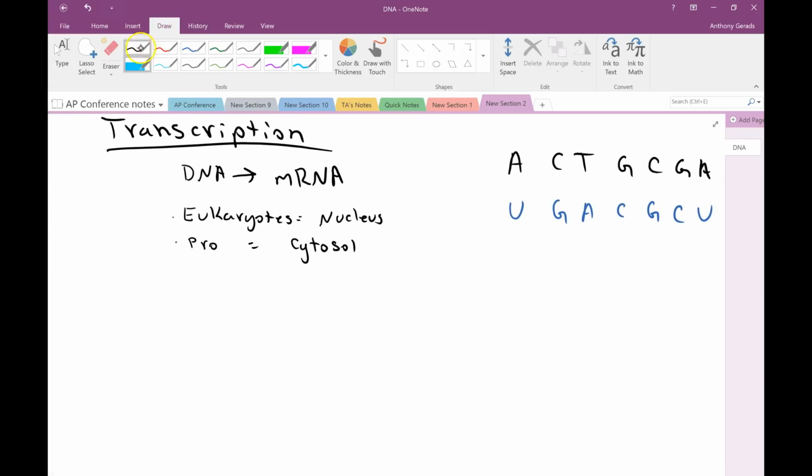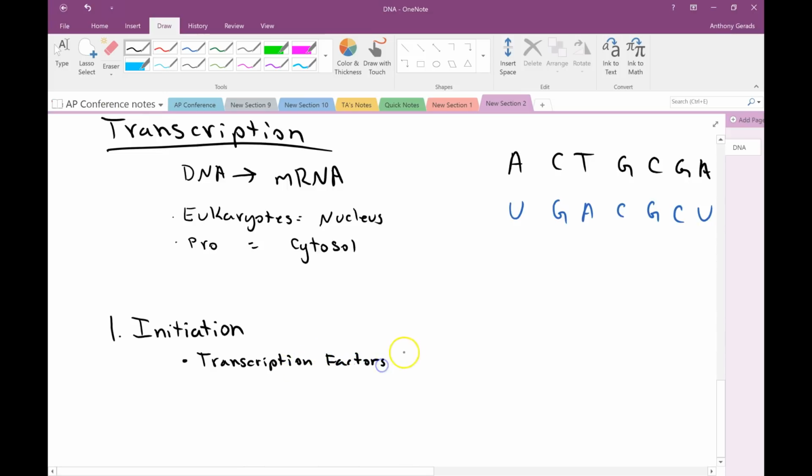And so now let's talk about the 3 steps. Step 1, initiation. In initiation, transcription factors bind somewhere. It's called a promoter sequence. Gianna, you remember what the most common promoter is in eukaryotes?